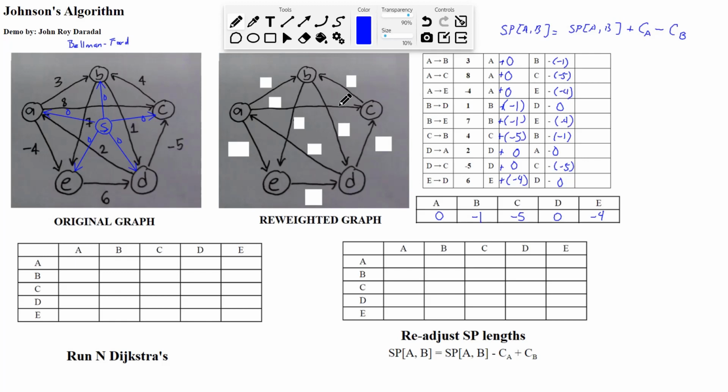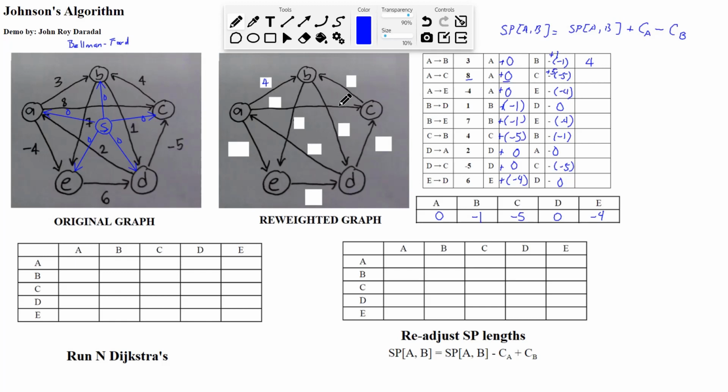And then we will compute it for each one. So for AB, that would be 3 plus 0 minus negative 1. So this is actually plus 1, right? So AB will become 3 plus 1, which is 4. So we'll write that here. This one is already 4. For AC, that would be 8 plus 0 minus negative 5. So this is actually plus 5, right?